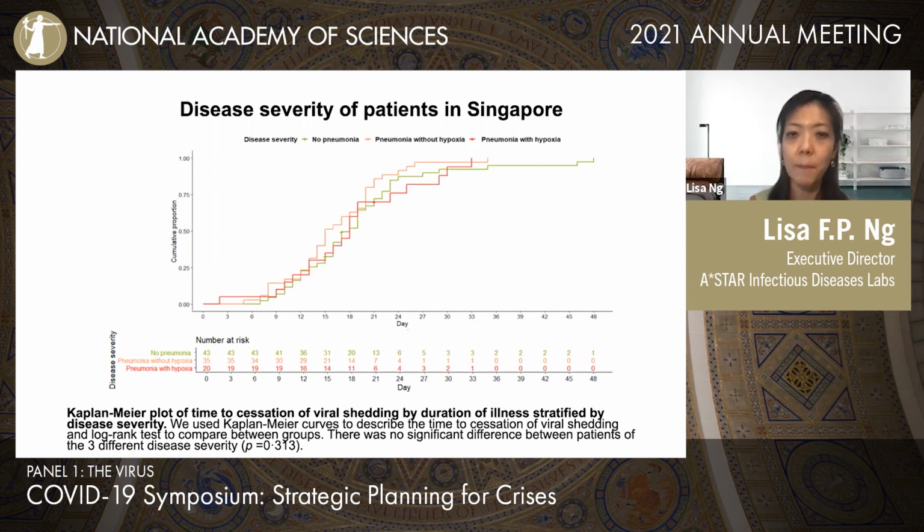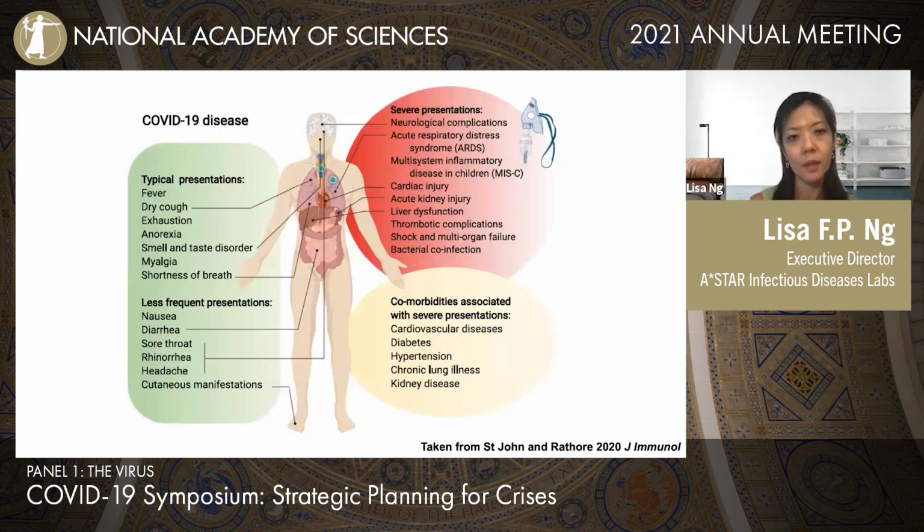We call the mild cases those patients without any pneumonia, just the fever, dry cough, or sore throat. And we have the more severe ones where patients will suffer from pneumonia, but without hypoxia. And the more severe cases that had pneumonia, and some of them then went on into the ICU.